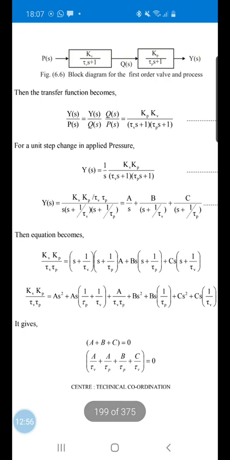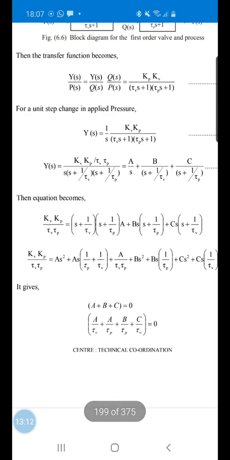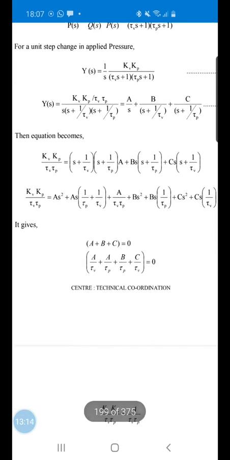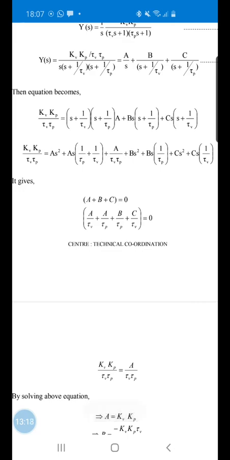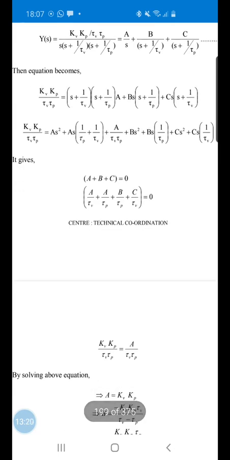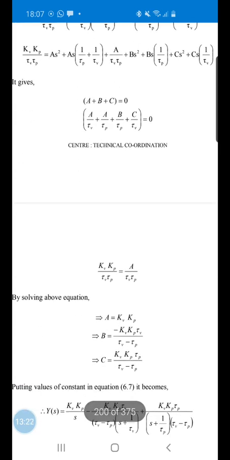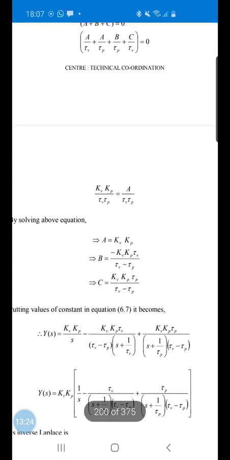Now if you introduce the unit step change into the applied pressure, y of s becomes 1 by s into the whole product. Now you have to apply the partial fraction method. You have to introduce the unknown constants a, b and c. You have to write left hand side equal to right hand side, and write three different equations, and then find out the values of a, b and c.